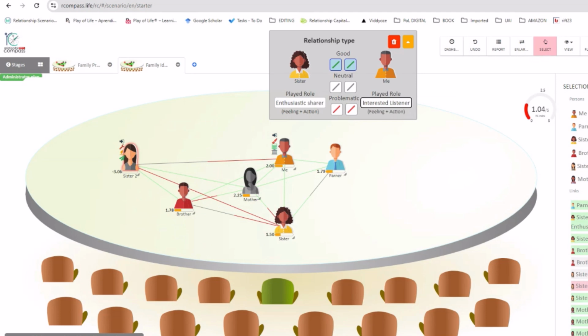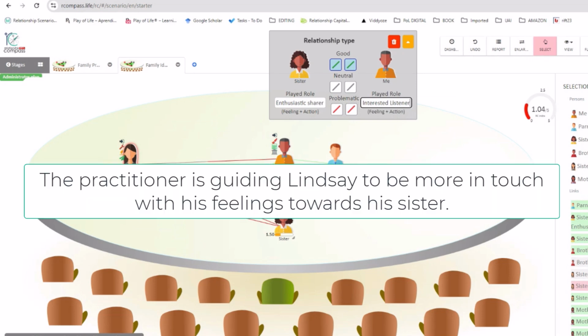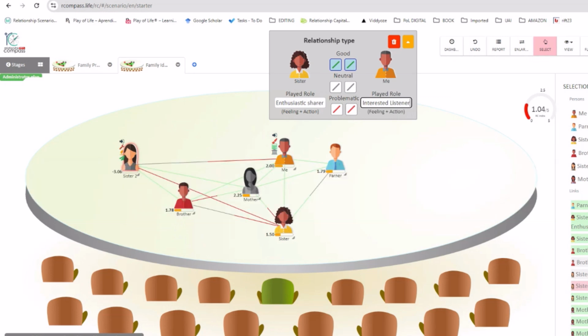This is your sister who doesn't have a good relationship with her mother but has a good relationship with you. But she's enthusiastic. Is there any other emotion you could exercise toward making this relationship better?